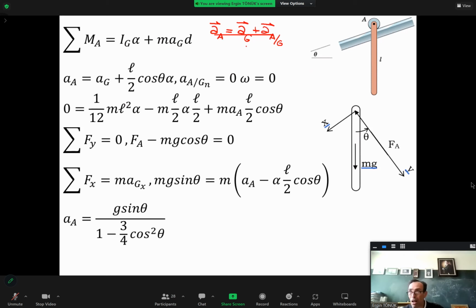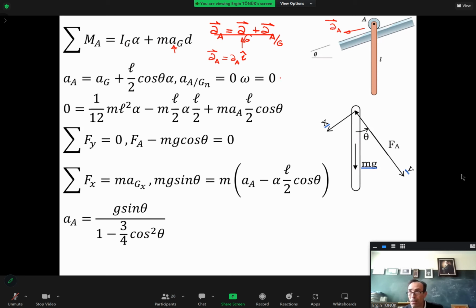So actually what I need is this, so that I can substitute it into here and I'm going to take its moment, okay? But we know that a_A, with our coordinate system, has a magnitude a_A along the incline. Am I right?